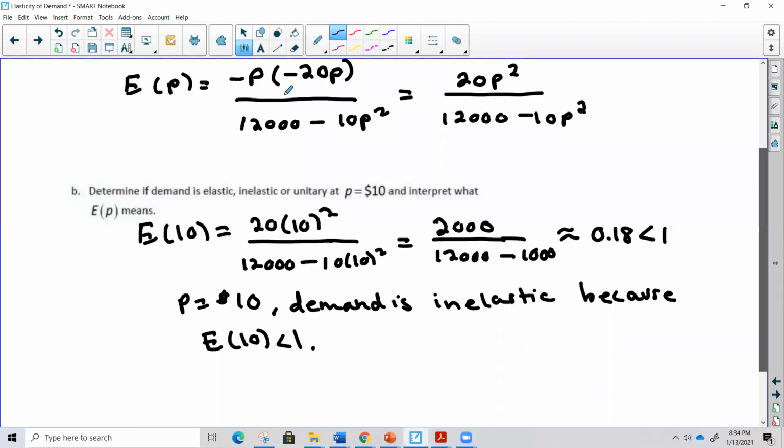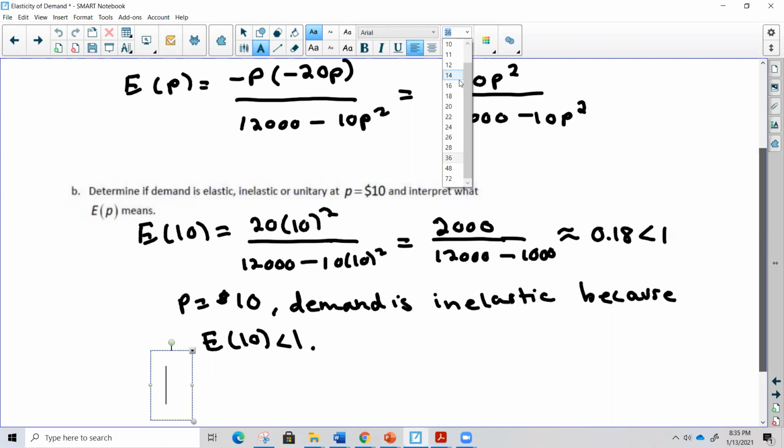So what this means is that if we increase our price, it will still lead to an increase in revenue. So you'll often be asked if raising prices will increase or decrease revenue.